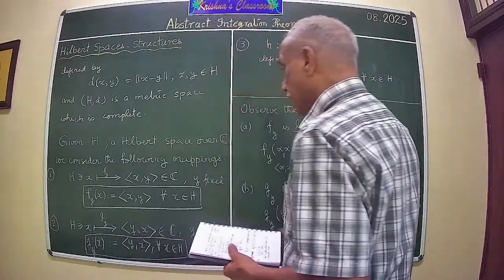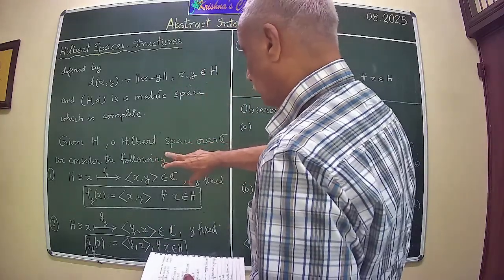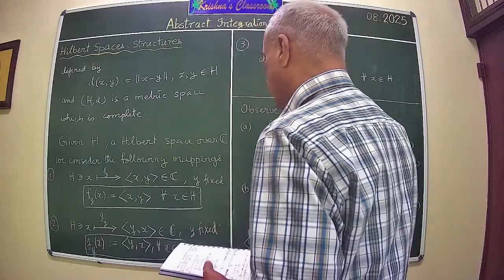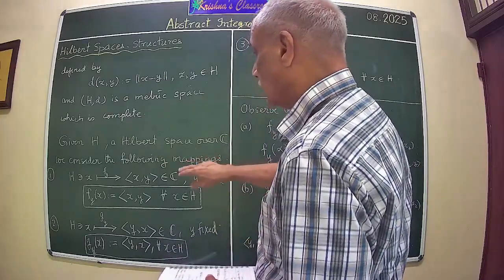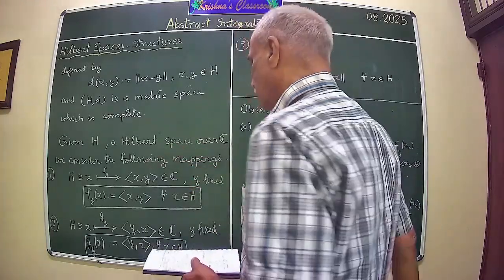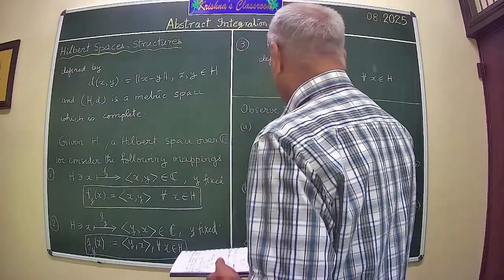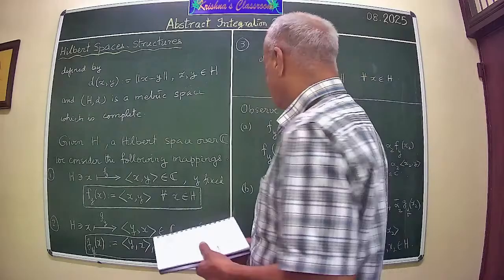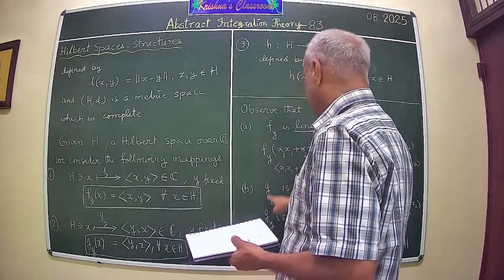Thus, what we have is that every element y in the Hilbert space induces a linear functional as well as a conjugate linear functional on H. They are designated by Fy and Gy.